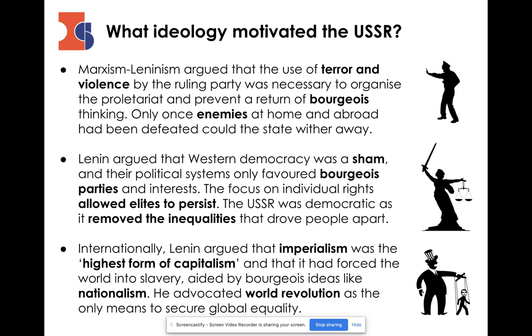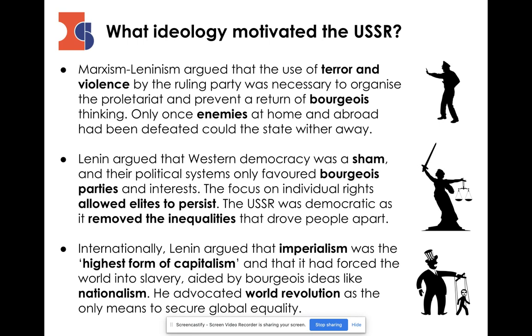Lenin went even further. He argued that Western democracy was a lie, a sham. He said that in Western democratic systems, there is democracy, you can vote for who you want, but it's the middle classes and ruling classes that still have power. Political parties were mostly middle class parties. The focus on individual rights allowed elites and business elites to persist.